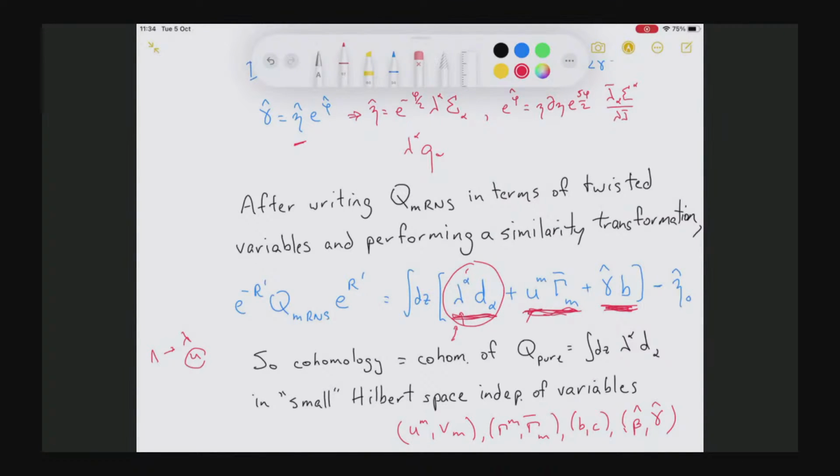And maybe that would land you on the RNS formalism. So I guess you would have to do the opposite twisting and try to construct these N=1 superconformal generators.